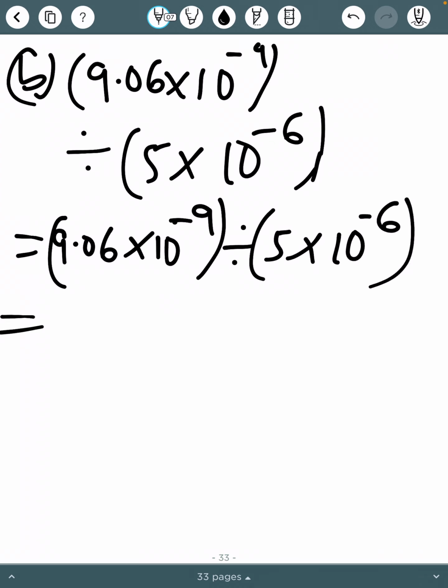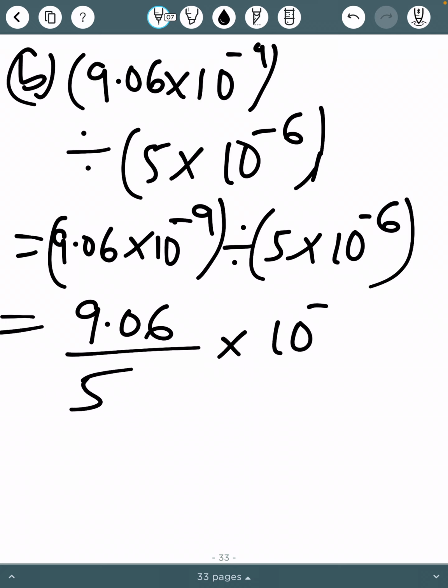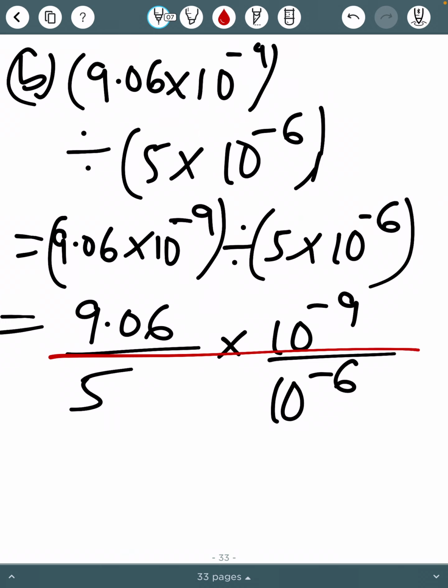What will this give you? What am I supposed to do here? Number over number, then power of 10 over power of 10. That will give me 9.06 divided by 5, times 10 raised to power minus 9 divided by 10 raised to power minus 6. It's just like I'm splitting the one question, this times this over this times this, separately.